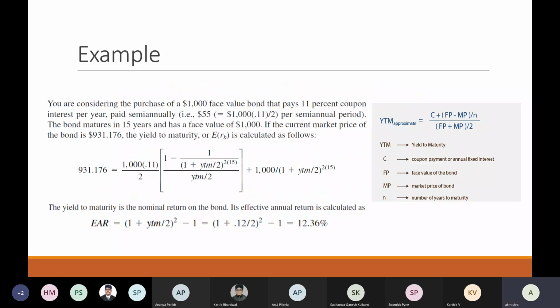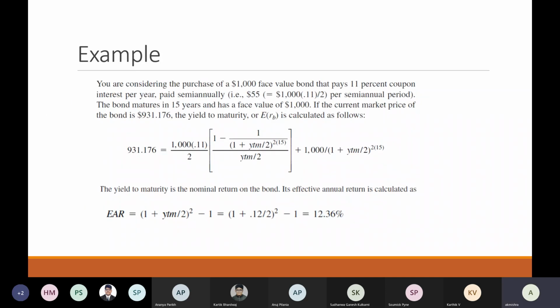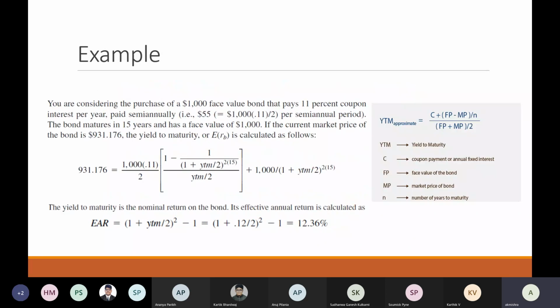And there is another shortcut here. If you see, you will get 12.36% as YTM. And there is a shortcut as well. But of course, the shortcut won't give you a very precise answer.